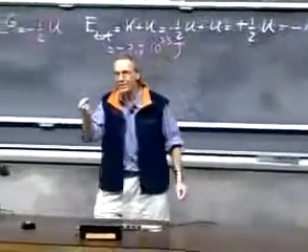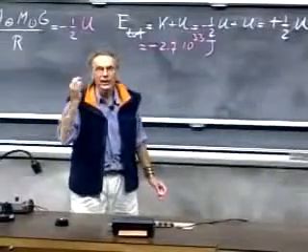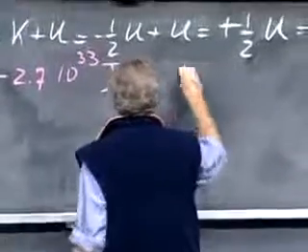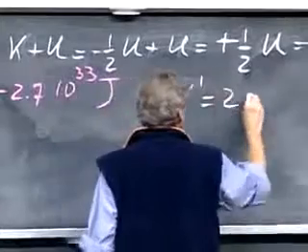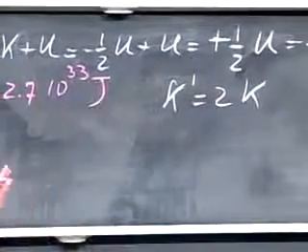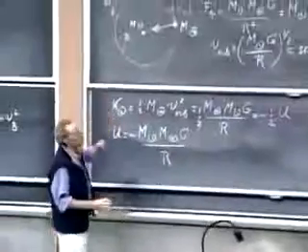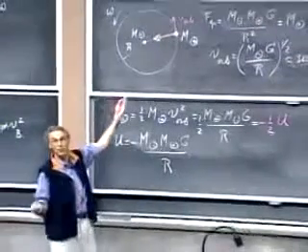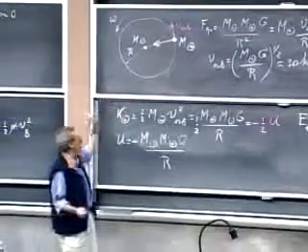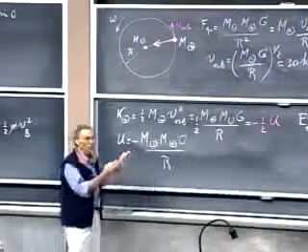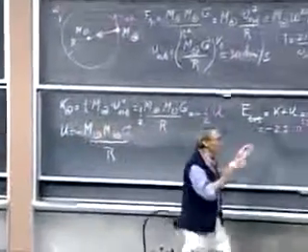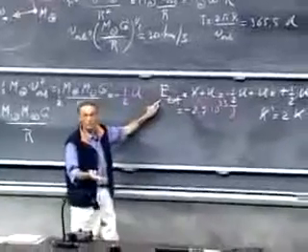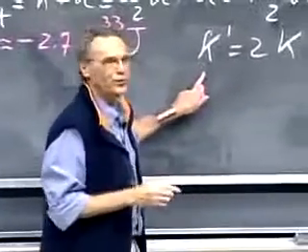If I have to add the kinetic energy K, then the new kinetic energy after the rocket burn would be exactly 2K. The potential energy is not changing, because you fire the rocket when you're there, and so you're still at the same position after the rocket fire, but your kinetic energy must have doubled. If it hasn't doubled, this doesn't become 0. Aha! But if the kinetic energy has doubled, then the speed must have gone up by the square root of 2, because kinetic energy is proportional to v squared.